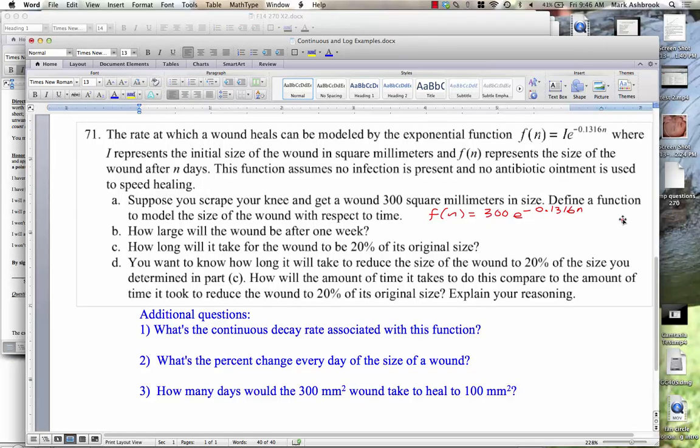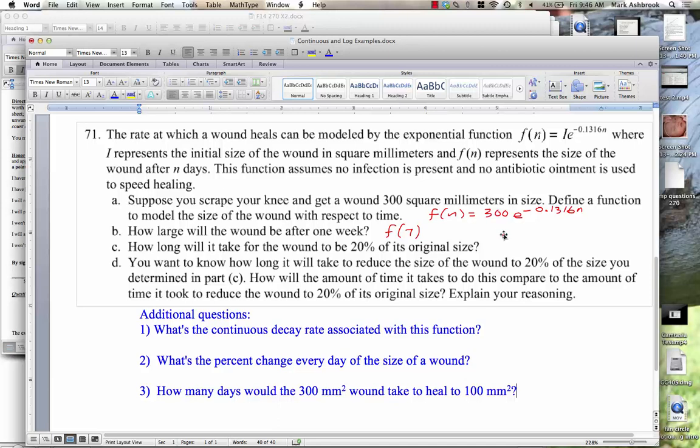We good? Cool. All right. So how can you just represent B? Let's not get the number. But how would you represent the answer to B? They're saying f of 7. Agree?